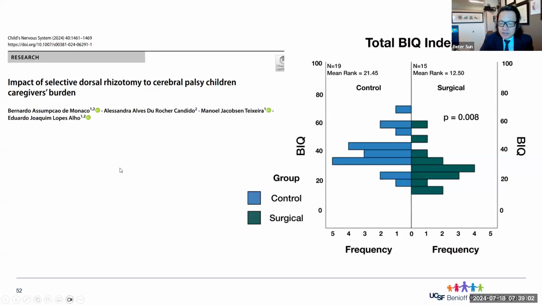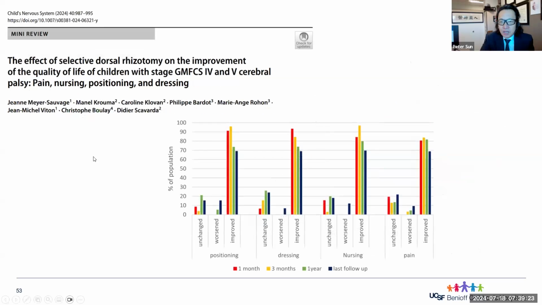Yeah, and we see this in the literature as well. This is a publication this year that shows that the impact of selective dorsal rhizotomy on these children really improves the caregivers' burden in the surgical group, with a statistically significant change there.